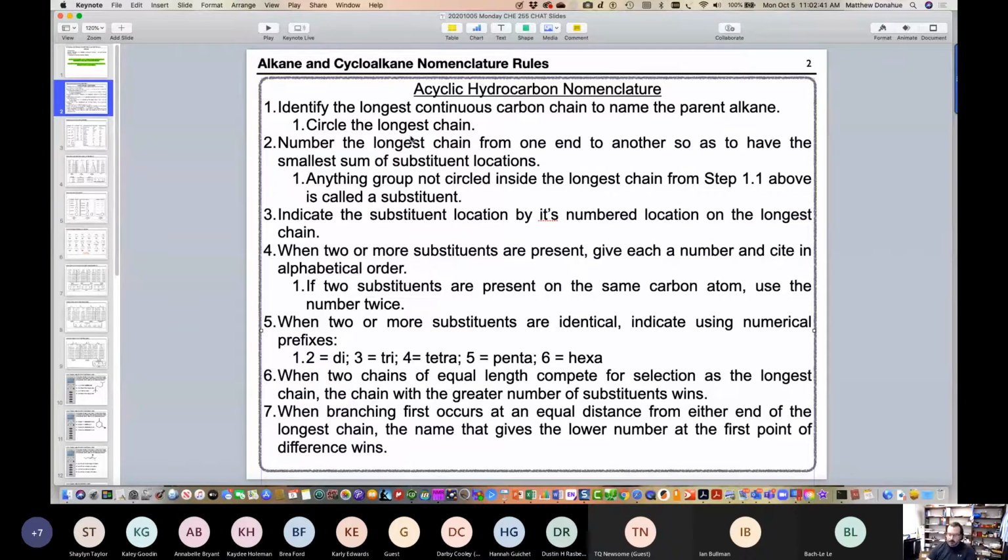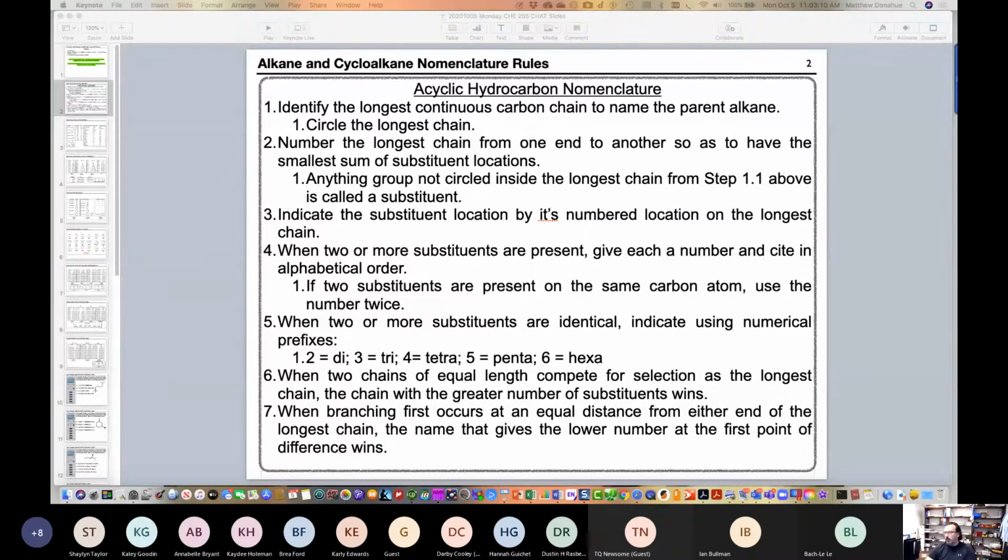You're going to name the substituents in alphabetical order with the number associated with which carbon they're on. When there's more than one of the same type of substituent present, you have to use things like di to indicate 2, tri to indicate 3, etc.